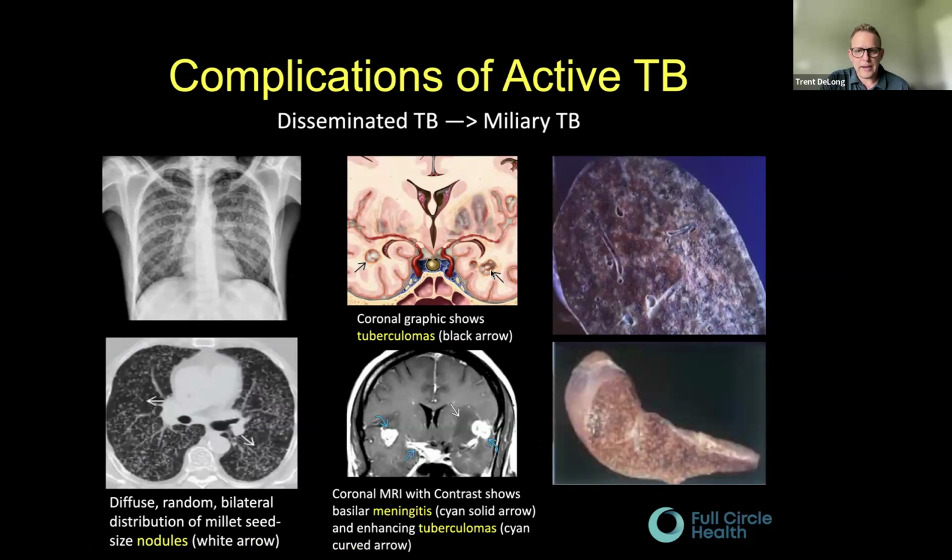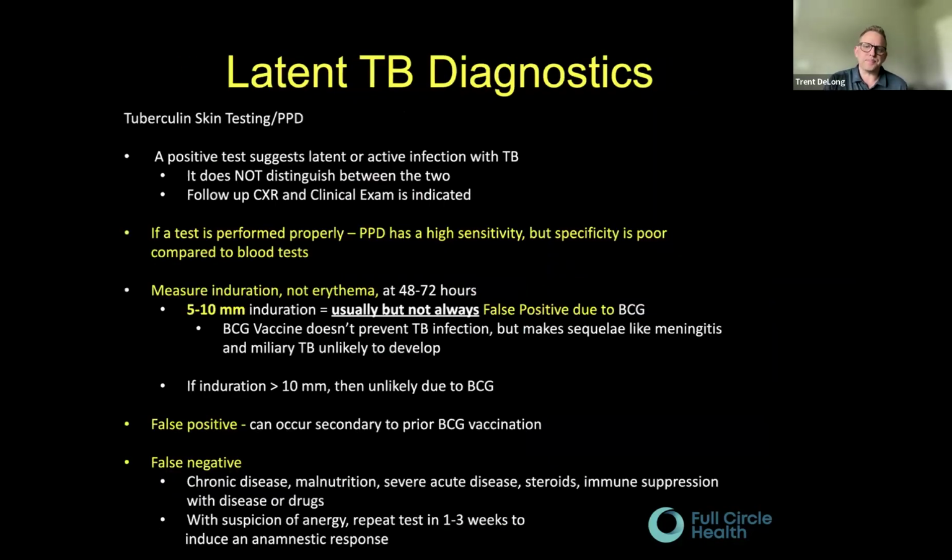You can see the black arrows here, and in the bottom middle image, you can see a coronal MRI section showing bacillary meningitis, enhancing tuberculomas here in this area and here as well. And here is miliary TB on gross specimen.